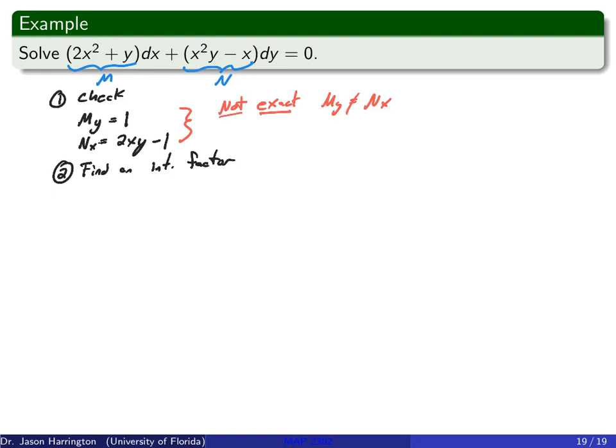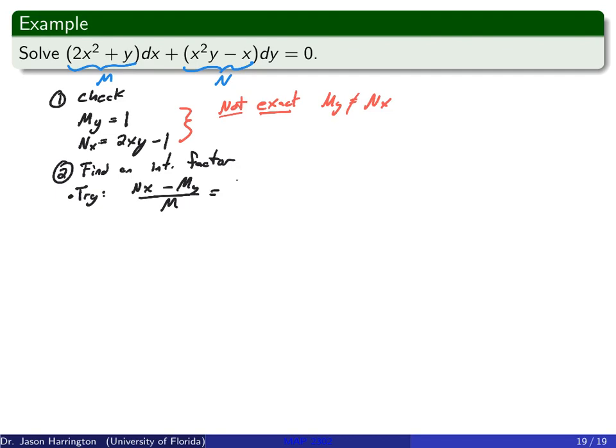Okay, so the first thing I'm going to do is try n sub x minus m sub y divided by m. And I'm going to see if I can get that into a function of a single variable. Now luckily, when you did this check up here, we've already taken the derivatives. So again, that's another reason why I like to check, because then you've pretty much done most of these derivatives already.